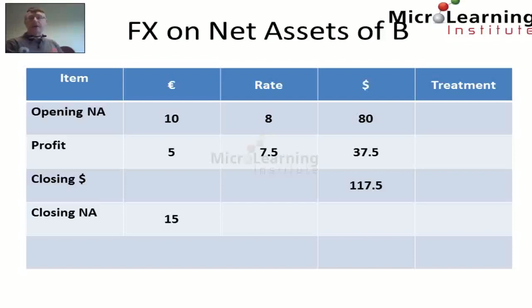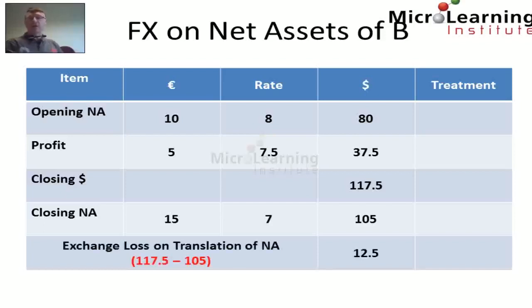However, when we translate the closing net assets at the closing rate, and of course the closing rate at the date of consolidation is 7, they translate to only $105,000. So what we anticipated would translate to $117,500 translated to only $105,000.